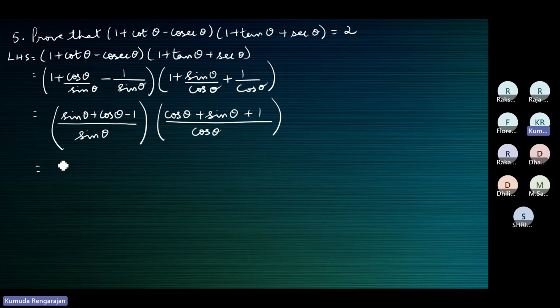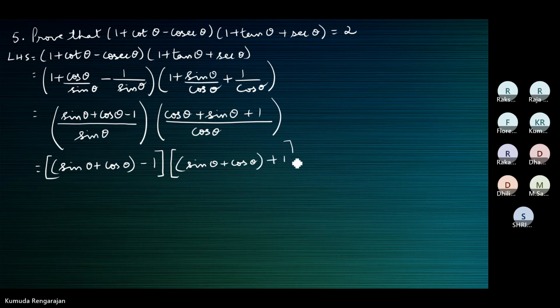All right. So here in the numerator, we have sin theta plus cos theta minus 1, and here we have sin theta plus cos theta plus 1. I'm multiplying the numerators and the denominators.